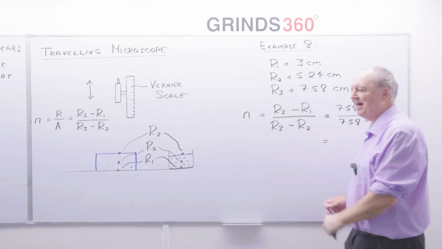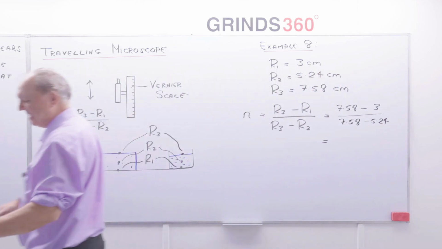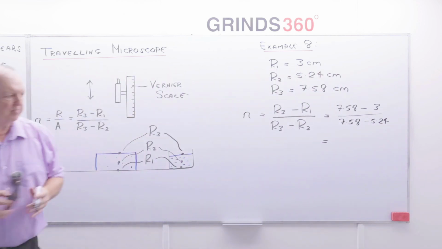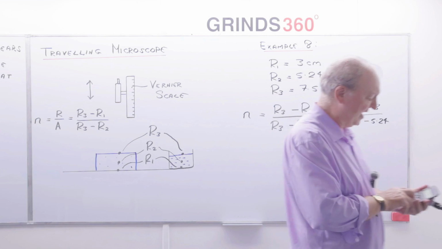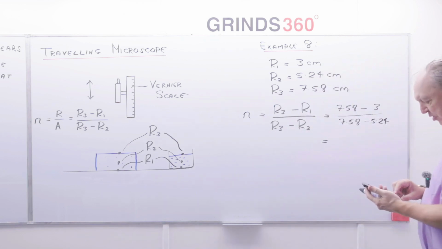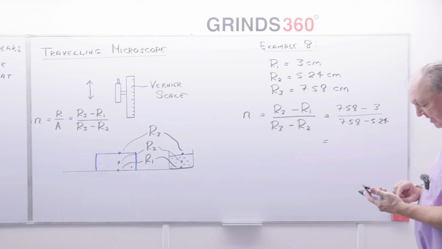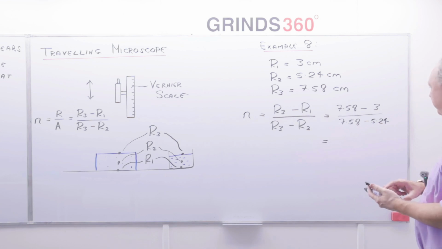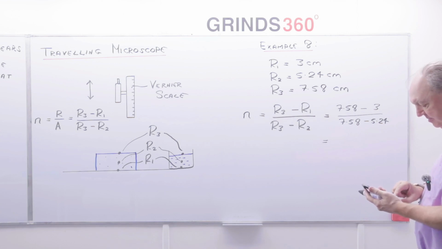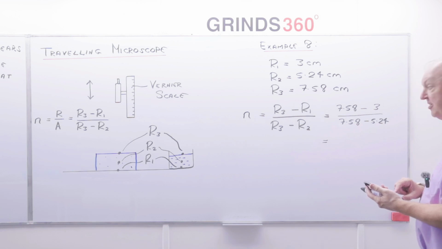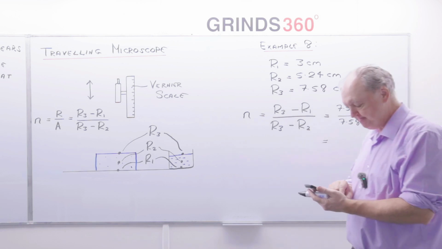So let me put all of those readings into my calculator. Fraction button, 7.58 minus 3 divided by 7.58 minus 5.24.